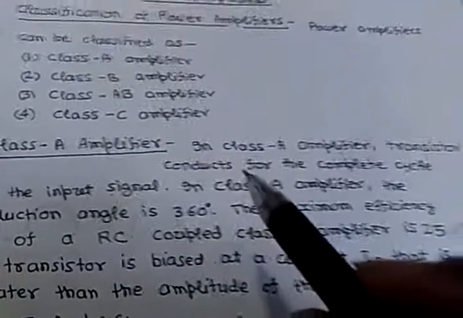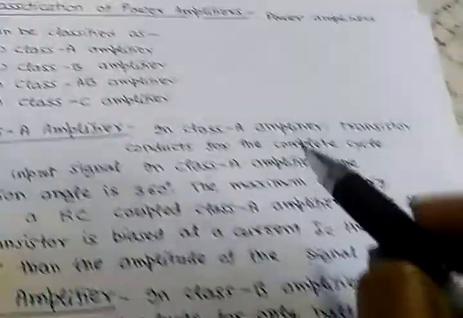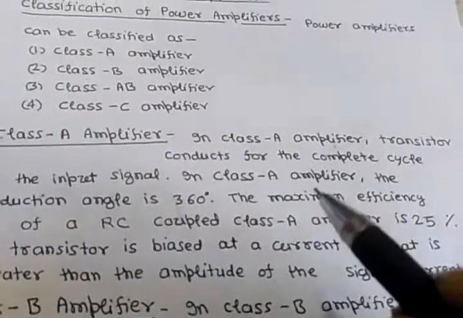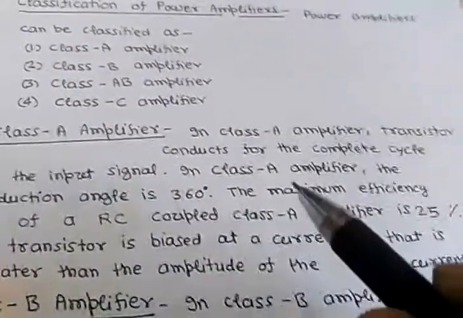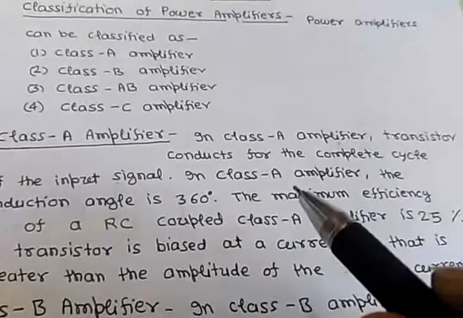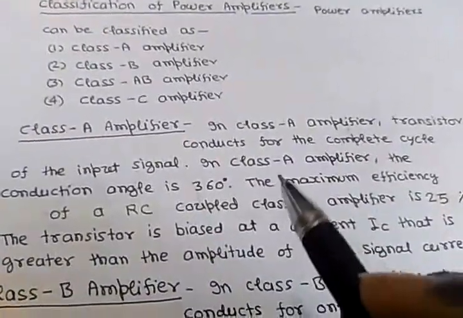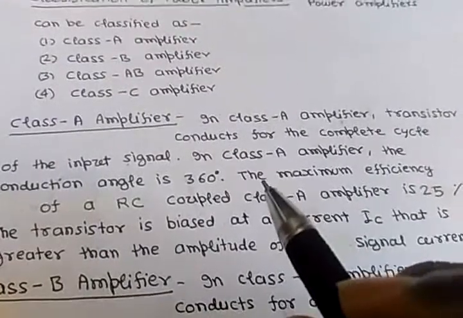Class A amplifier. Class A amplifier is the amplifier in which the transistor conducts for the complete cycle of the input signal. Suppose that the amplifier is made by a common emitter amplifier.